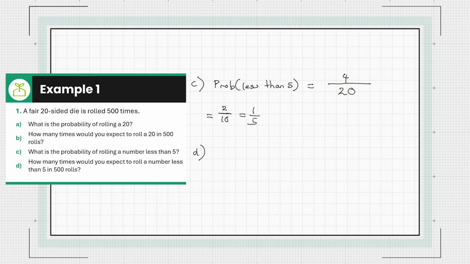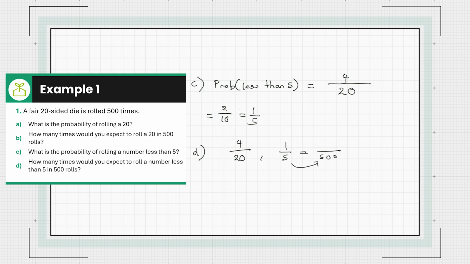Alright, for D, how many times would you expect to roll a number less than 5 in 500 rolls? We can take this 4 out of 20, or indeed even the 1 out of 5, and go from there. Let's start with the 1 out of 5. So 1 out of 5 is equal to something out of 500.